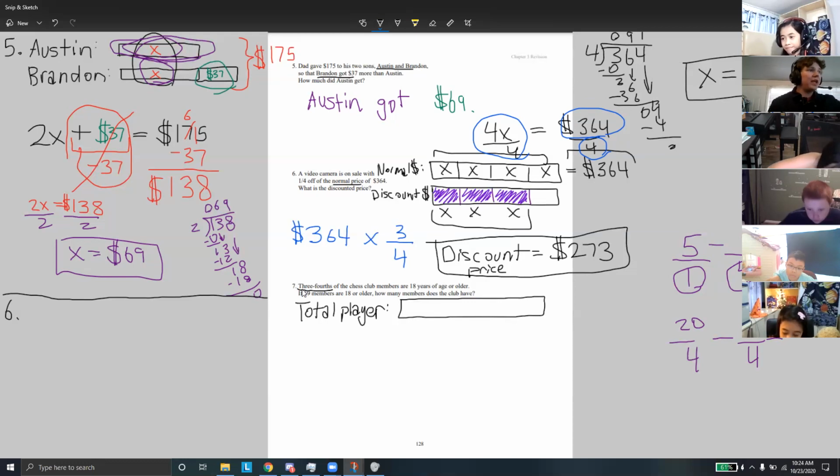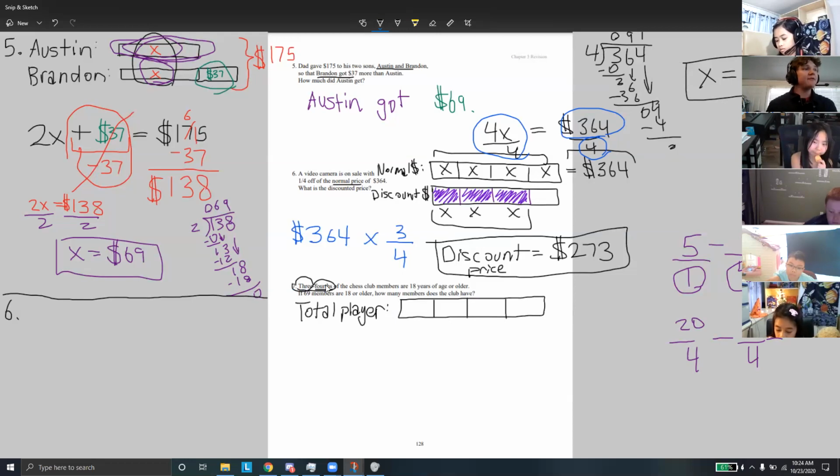Okay, and so we know that 3/4 of the chess players are 18 years of age or older. So I'm going to split it into 4 groups because when it says 3/4, it says 3 groups out of 4 total groups. That's what the 4 tells us.